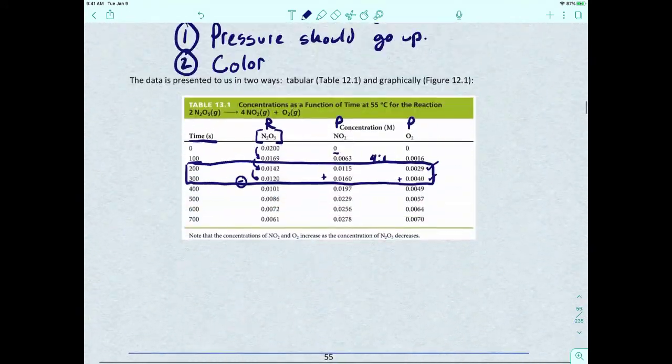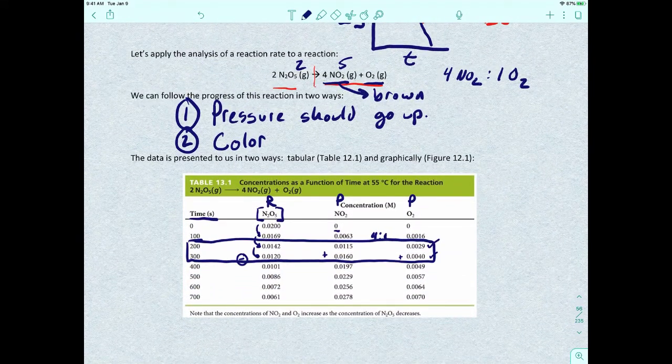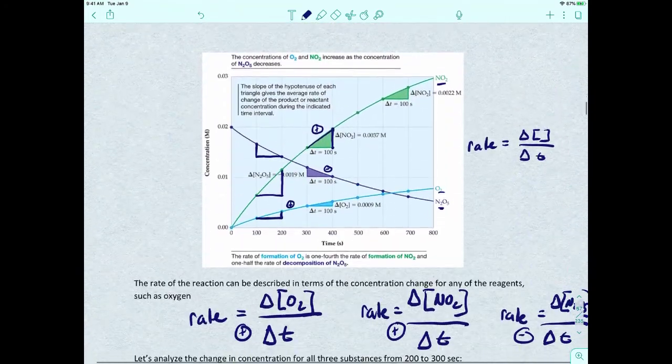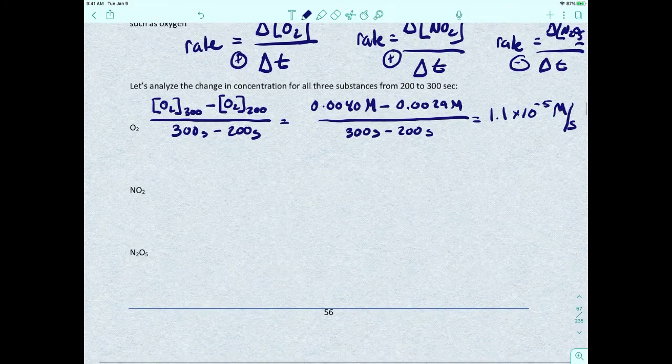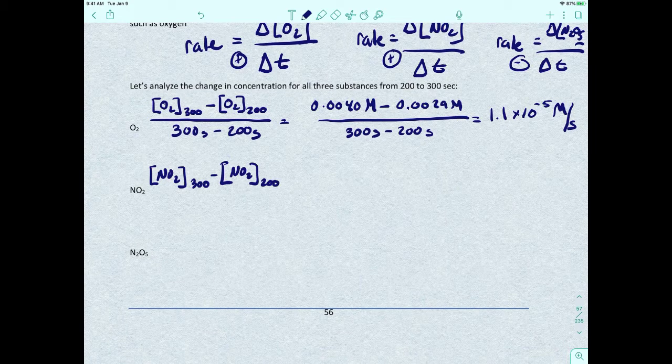So if I go back to the chart for NO2, concentration at 300 seconds is 0.0160 molar. Concentration at 200 seconds is 0.0115 molar. All right, so let's pop those into that value. For NO2, we're going to do the same thing. The concentration of NO2 at 300 seconds minus the concentration of NO2 at 200 seconds divided by 300 seconds minus 200 seconds.